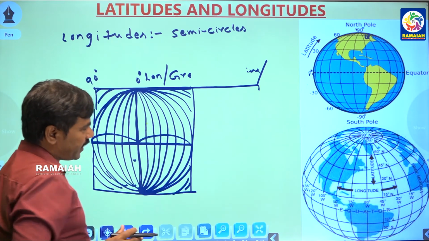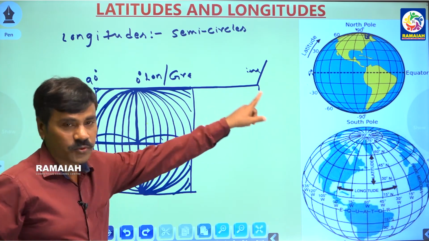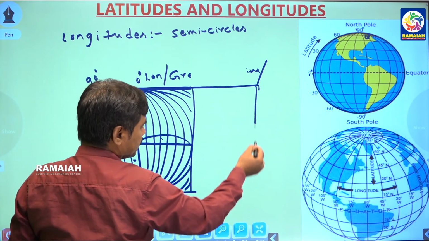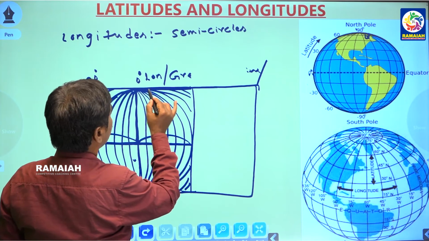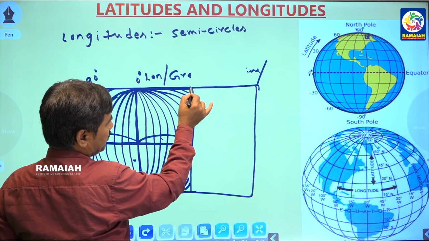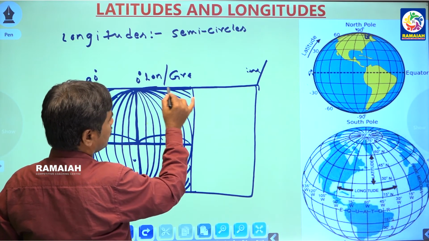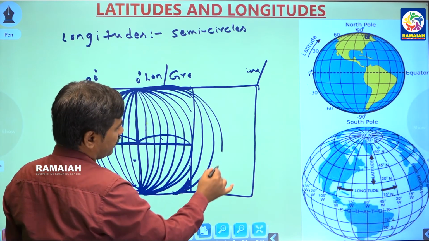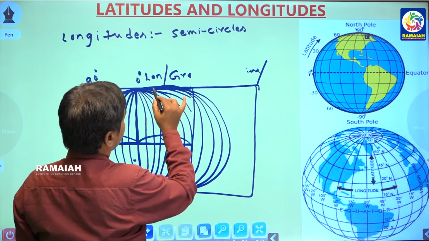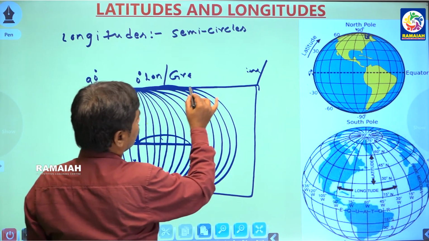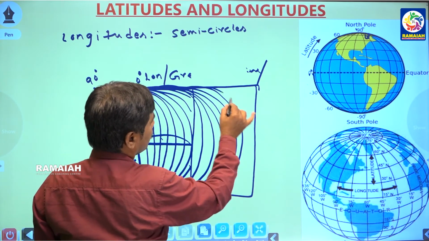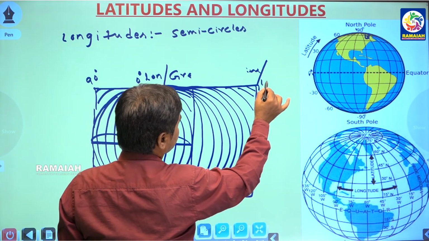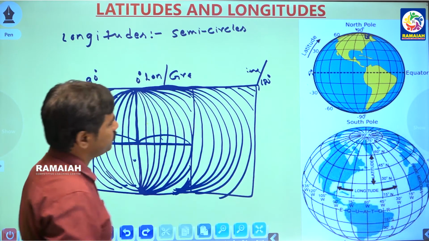That back side 90 longitude we have taken to the eastern side like this. The eastern extreme longitude is 90, then 91, 92 like this, 100, 110, 120, 130, 150, 160, 170, 180 longitude.